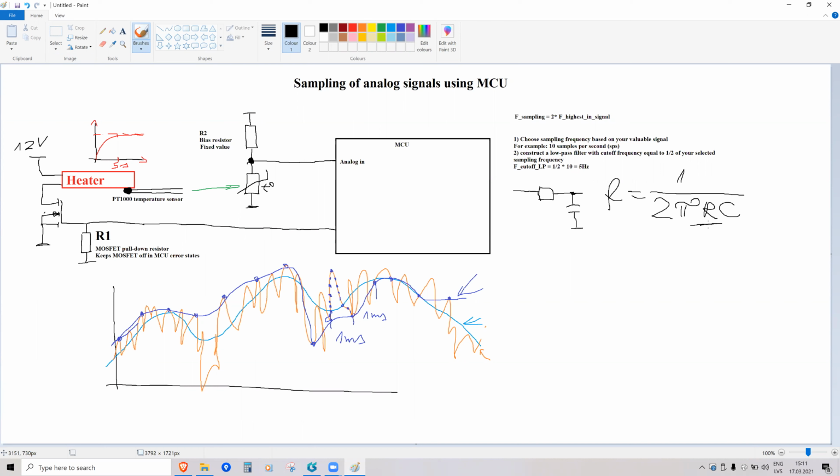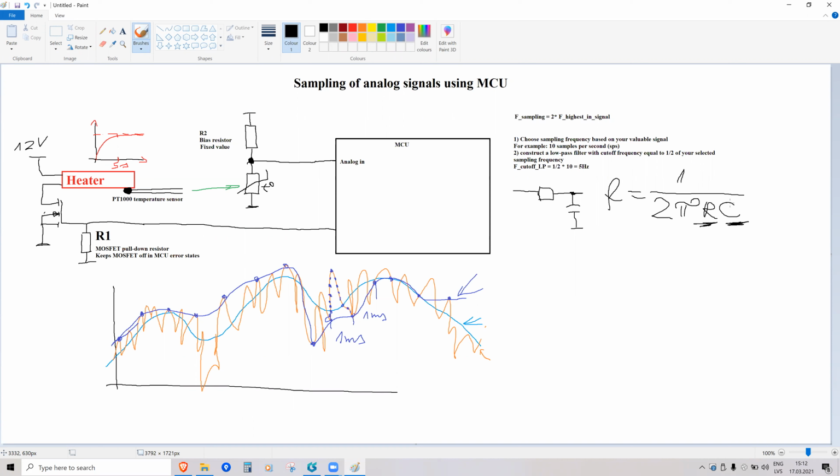You would just select some resistance and then calculate the capacitor from it. Or maybe usually people would try it the other way around. They would select the capacitance first, because large capacitance is more expensive. Resistors are always cheap. It doesn't matter if it's a 1 ohm resistor or a 1 kilo ohm resistor, they will all be basically the same. They will cost $0.01 per piece at 1,000 pieces.